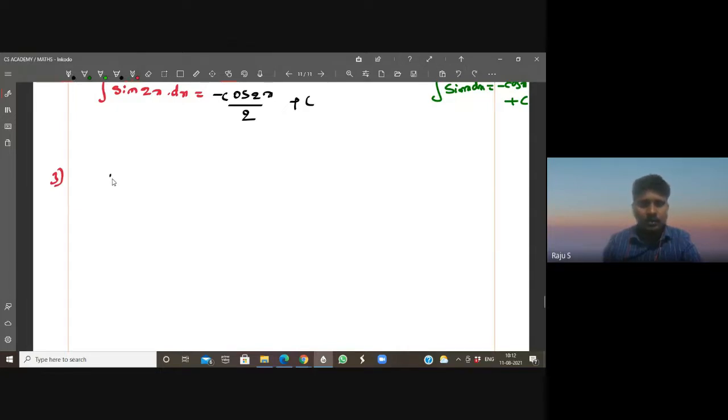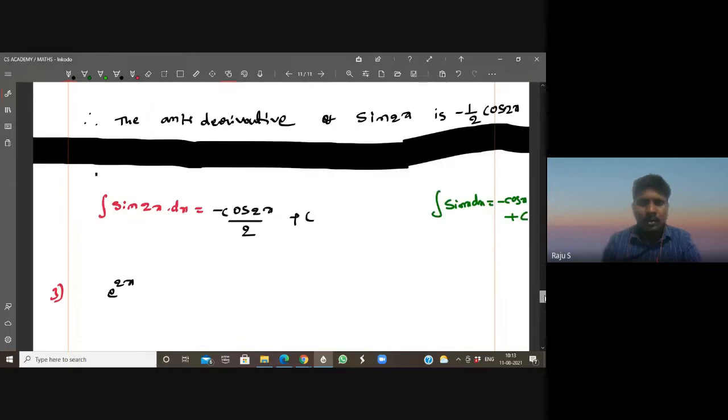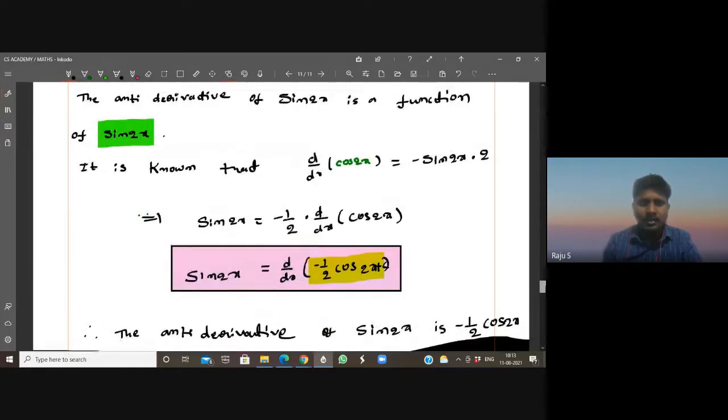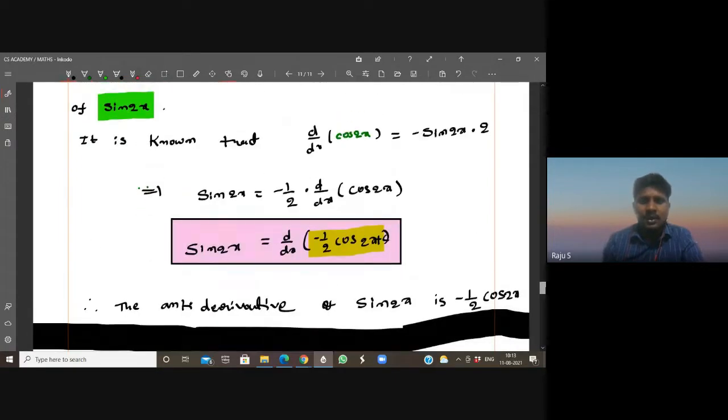E power 2x. Okay, what is the derivative of the function e power 2x? It is e power 2x only. After this, you have to write the same sentence: the antiderivative of e power 2x is a function of e power 2x. It is known, like that you have to write.